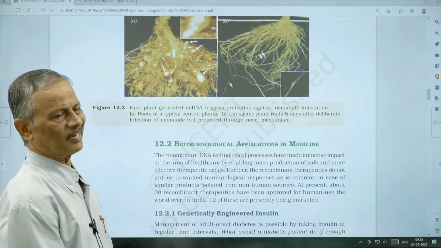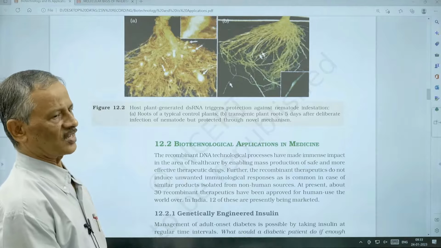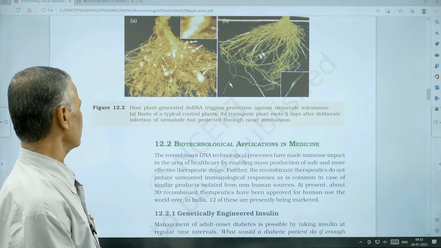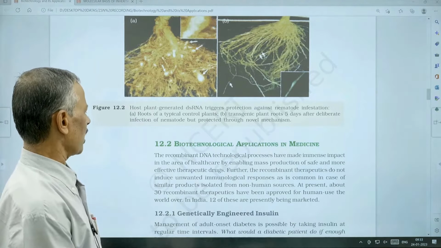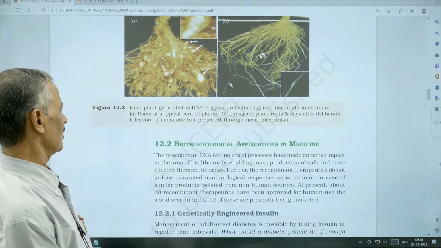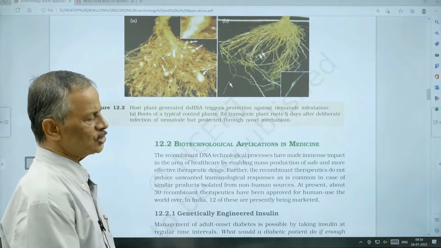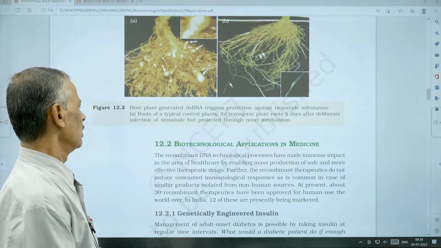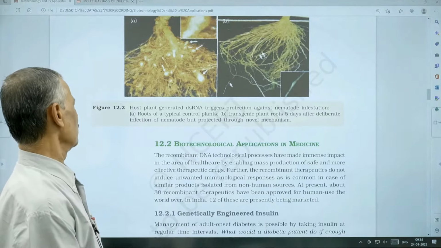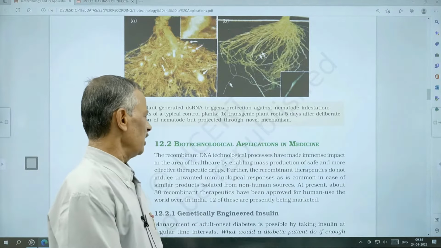We started in the 1980s and we became successful. Today, there are more than 30 recombinant therapeutics produced from genetically modified organisms, which are all approved for human use, of which 12 are available in India. They are all presently being marketed in India. The classical example is the genetically engineered insulin.